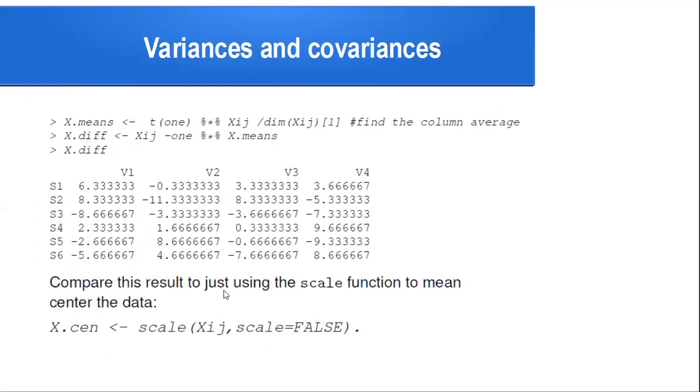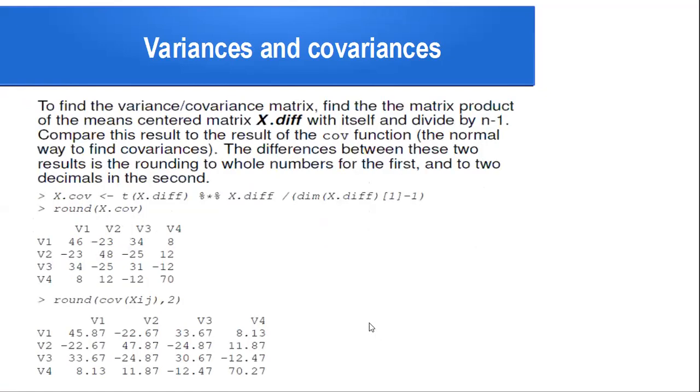Compare this result to just using the scale function to mean center the data x, in center করছি scale false scaling approach. Clear? To find the variance and covariance matrix, find the matrix product of the mean-centered matrix x diff with itself divided by n-1. Compare this result and the COV function, the normal way to find the covariances.